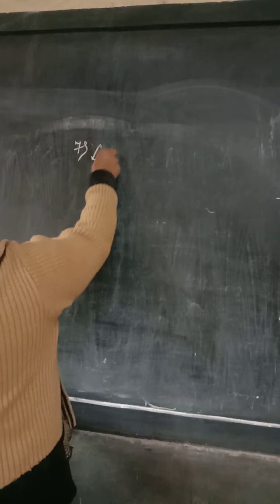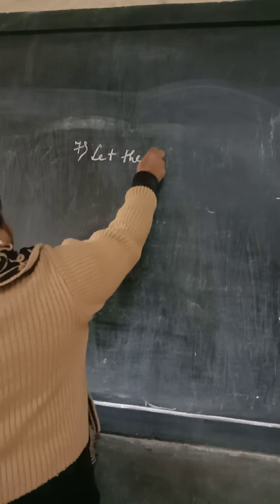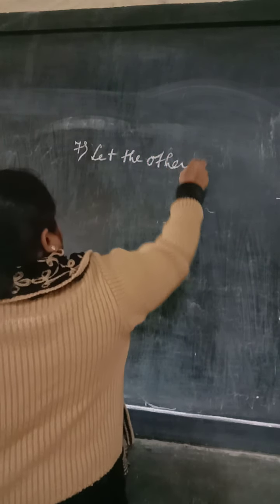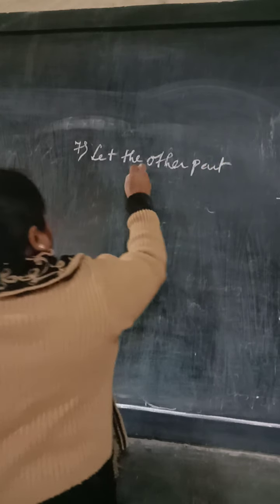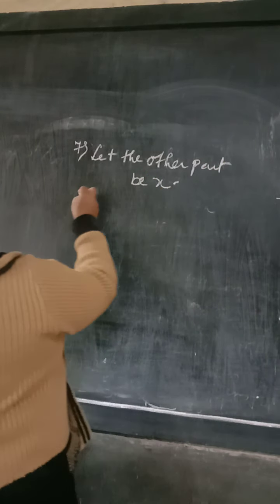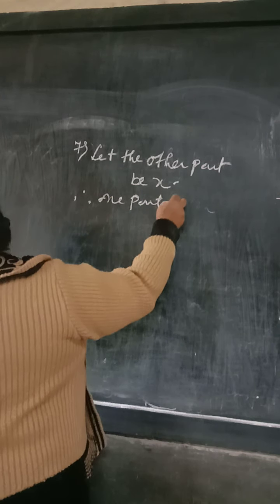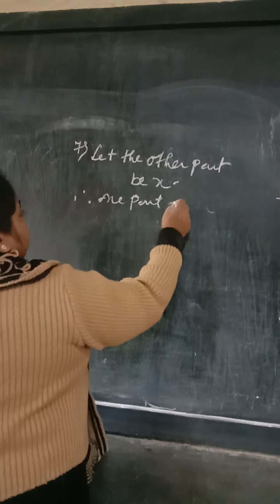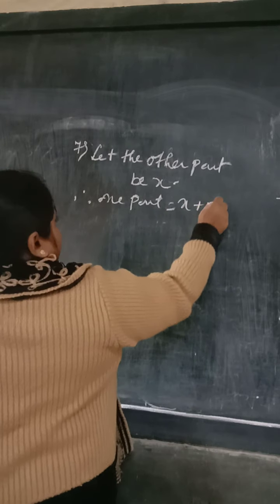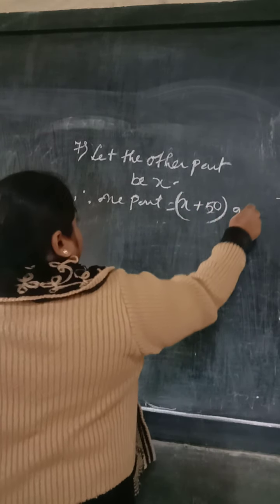Let the other part be x. So one part would be x plus 50 gram.